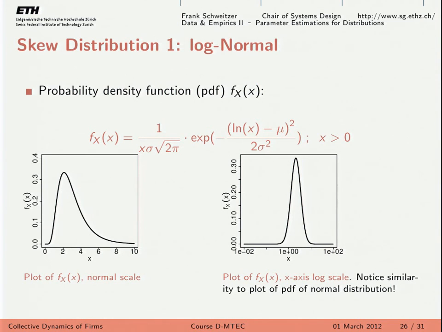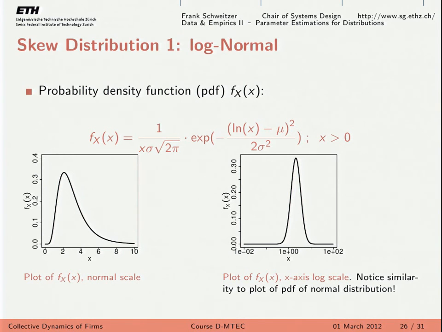Okay. This is a plot of the distribution function on a normal scale, where you can notice the asymmetry or the skew. And we can also plot this, that is what we usually do, on a logarithmic scale.